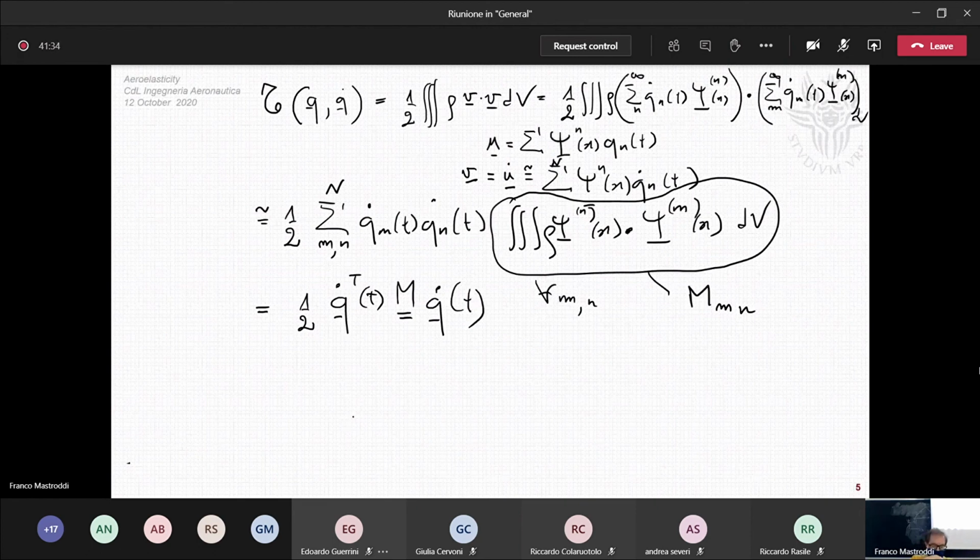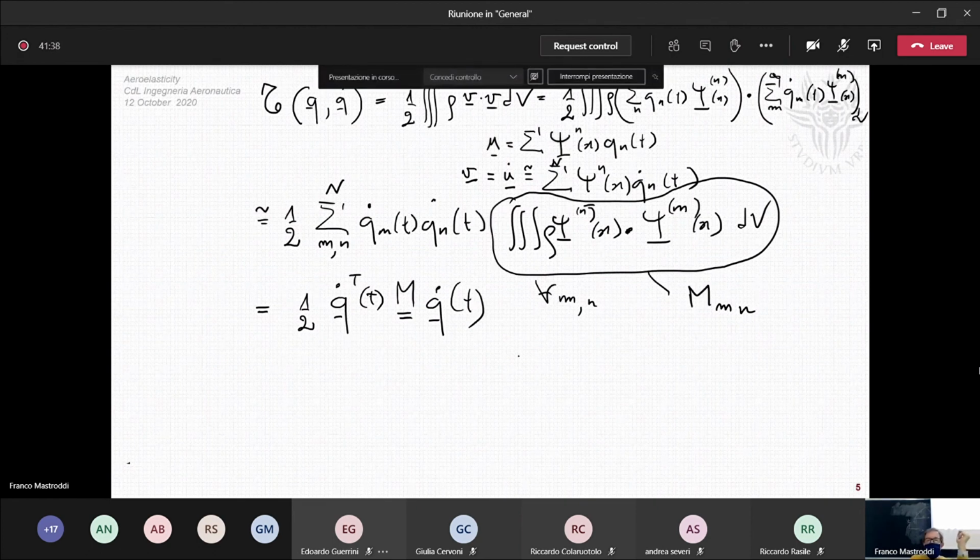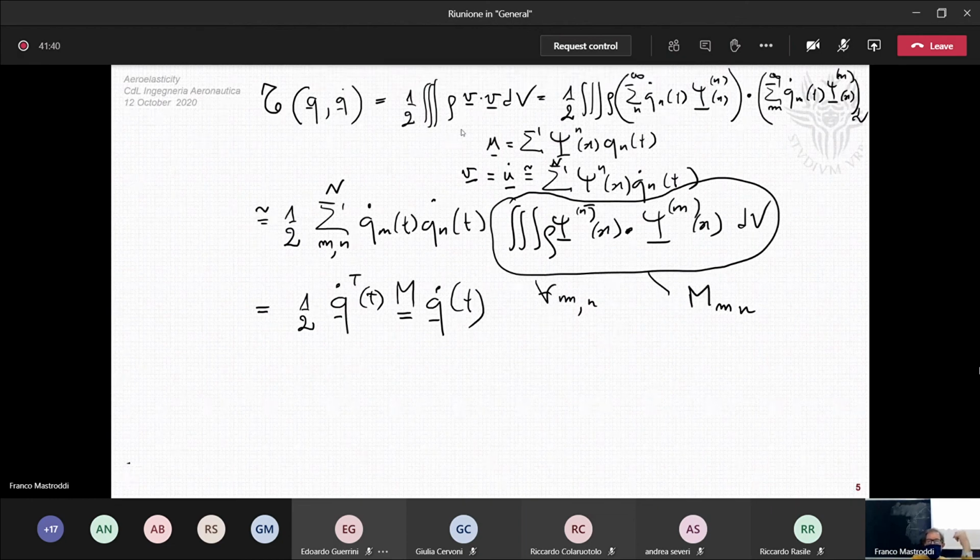Okay, and look at this kinetic energy. What can you say about the kinetic energy? The kinetic energy is a physical quantity of your deformable body, and for any state, a state meaning velocity, for any velocity field, this quantity is greater than 0.